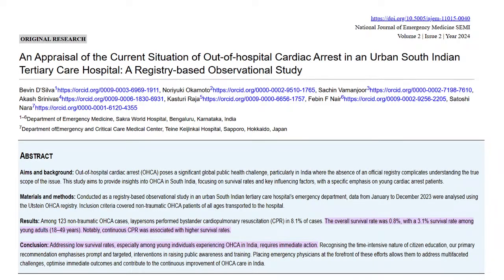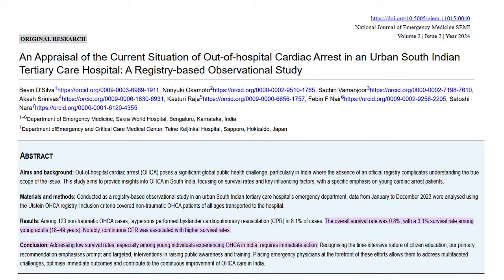This is another observational study done in India. It is regarding the prognosis of out-of-hospital cardiac arrest, and they assessed 123 non-traumatic out-of-hospital cardiac arrests. Bystander CPR was given in 8% of cases, and the overall survival rate was only 0.8%.